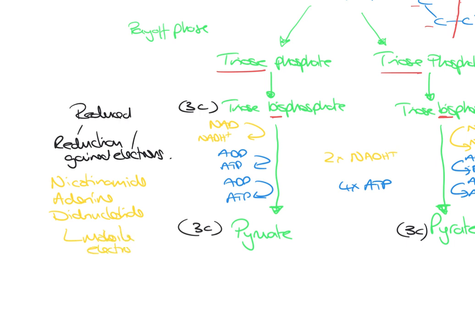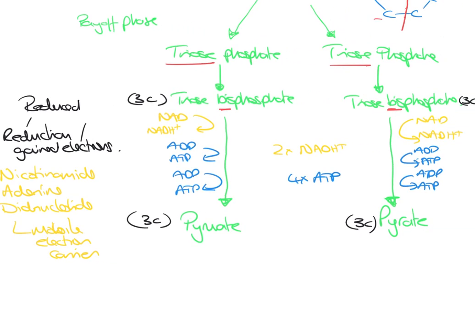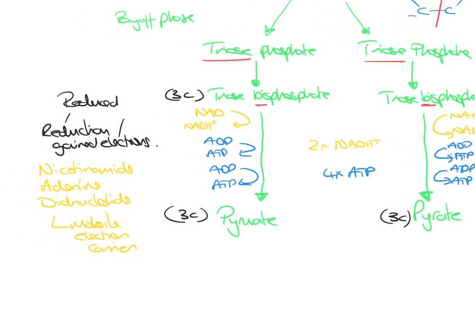What that means is that it will accept the electrons from that reaction and carry them somewhere else. So this plays a really big role in the electron transport chain, which we will talk about much later.